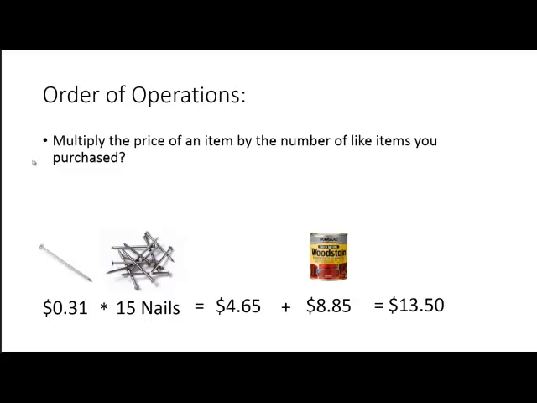So this is an example of the fact that we always multiply before we add or subtract. And I don't know about you, but I'm personally grateful that stores know that order of operations, because that would be an expensive set of nails and wood stain if they didn't.